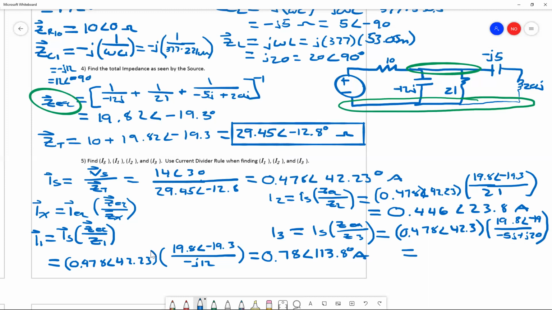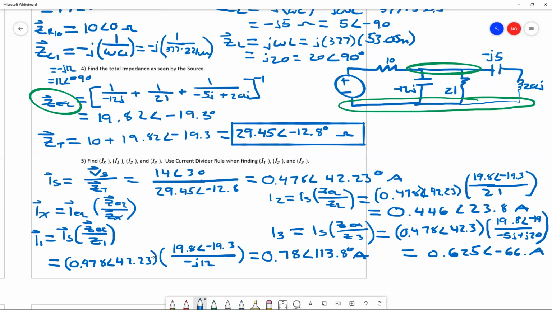Put that all together and we get 0.625 at an angle of negative 66, and that is in amps as well. And those are the three answers.